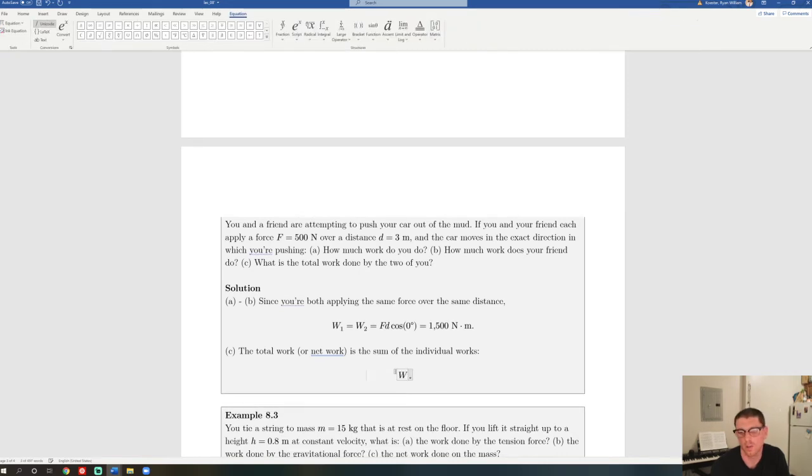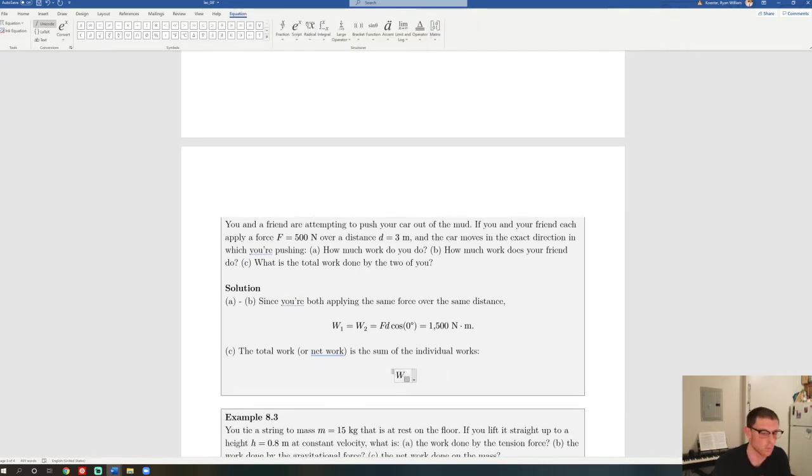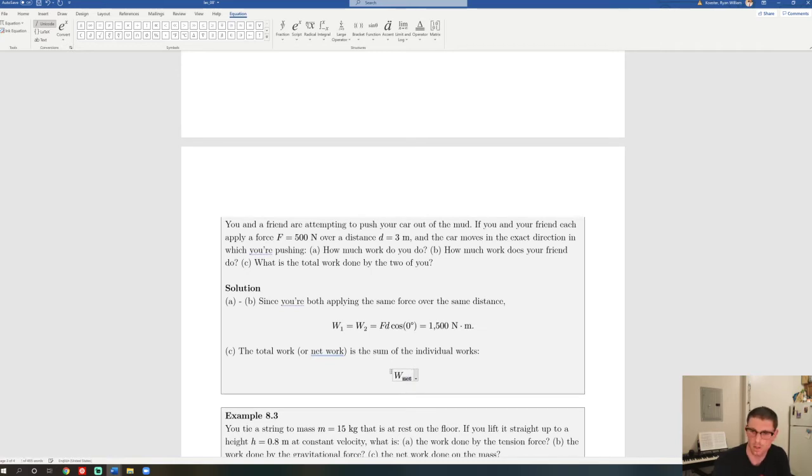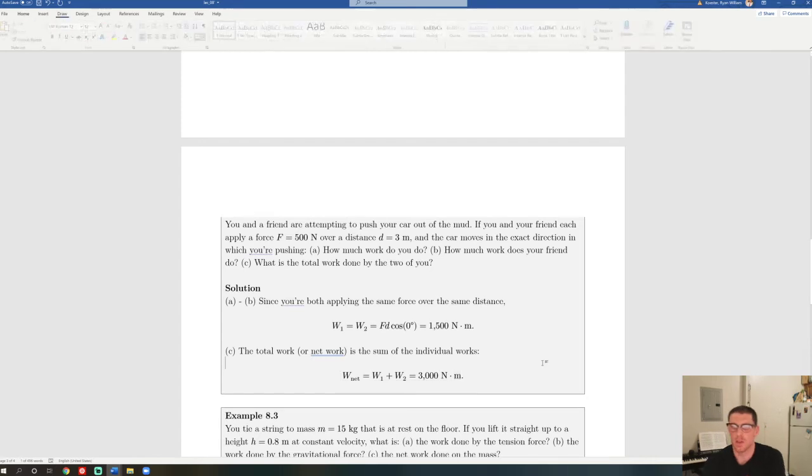And so we can write that work, and I'll just put net here, I think that's more common. It's just the work that you do plus the work that your friend does, and we see that this should be 3,000 Newton meters, right? So just double what we had for parts A and B. Okay, I think that's pretty much it for this example.